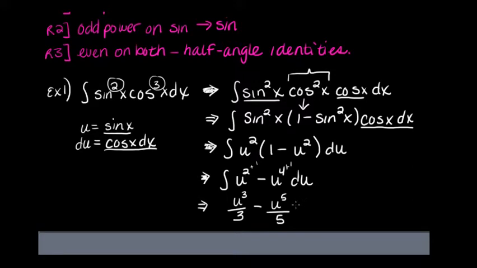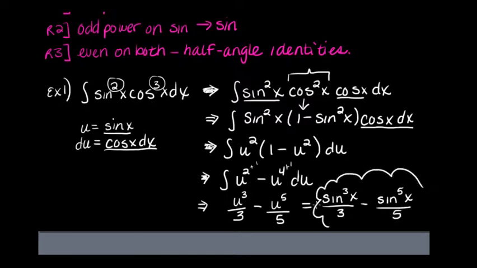We are not quite done because we have to undo our substitution for the final answer. Our u sub was sine, so plug in sine everywhere you see u. We have sine cubed x over 3 minus sine to the 5th x over 5. And that is our final answer for that problem.